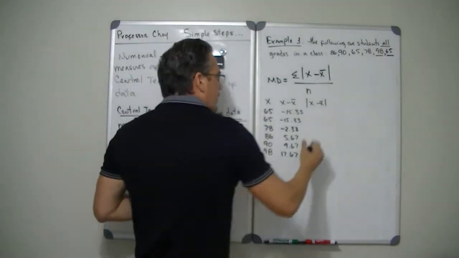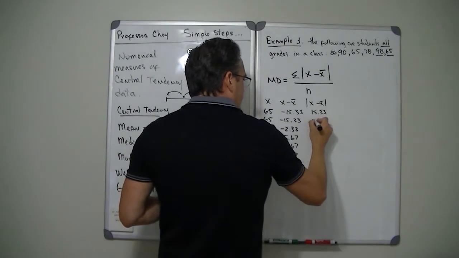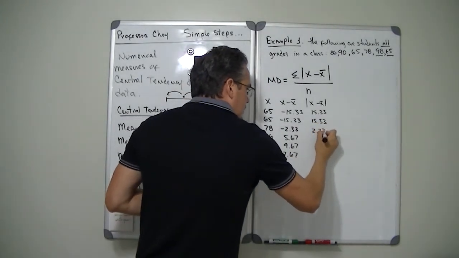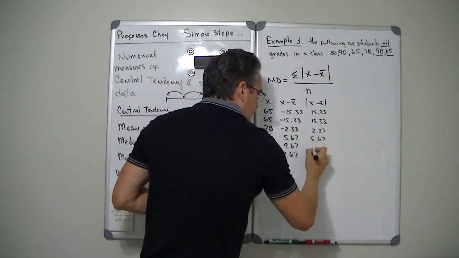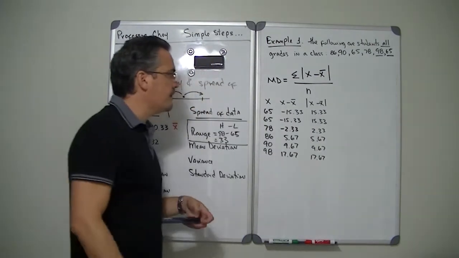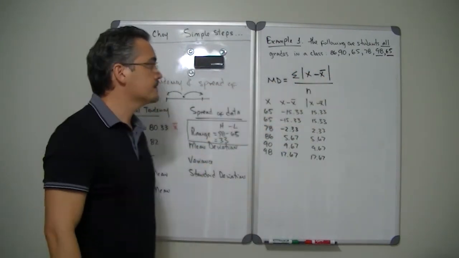So if it's a negative number, we're just going to turn it into a positive number. And if it's a positive number, we're just going to keep it. And that's going to be our absolute value there.